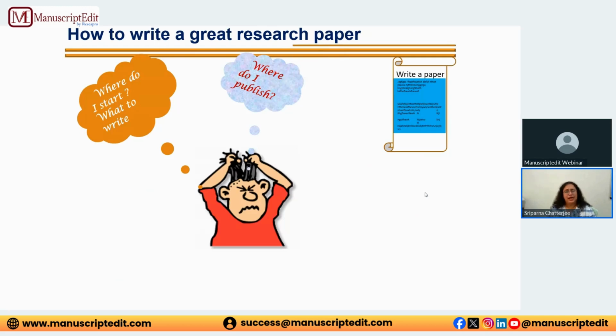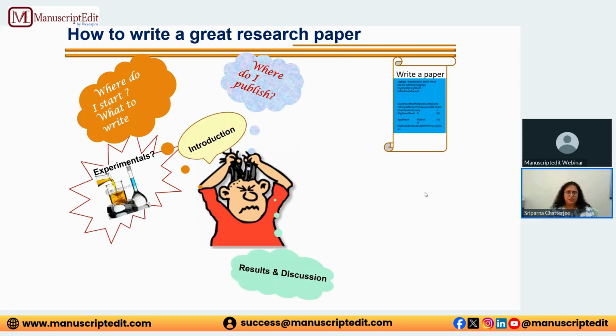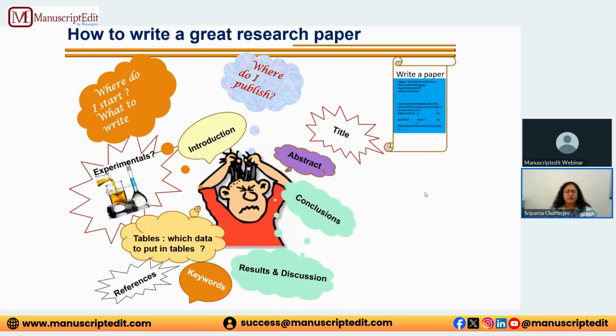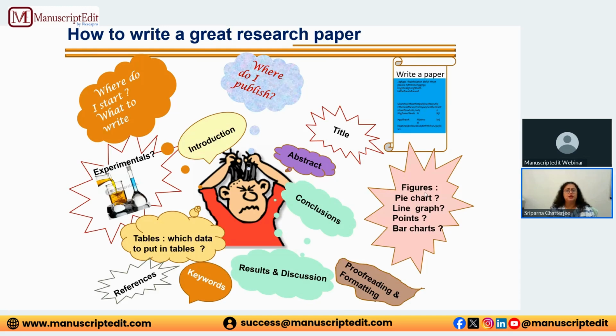Now, I know that it is not a very easy job, right? Because whenever we talk about these things, a lot of questions come to our mind. Okay, from where do we start? How to write the experimental section? How to write the title? How much should I write in the abstract?